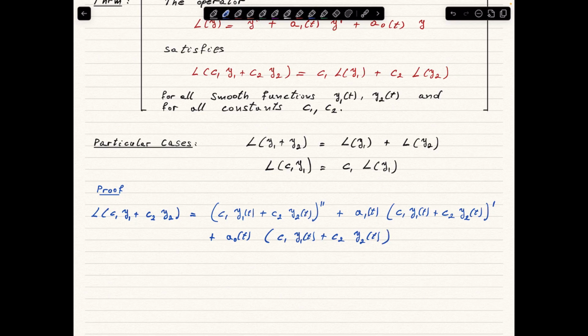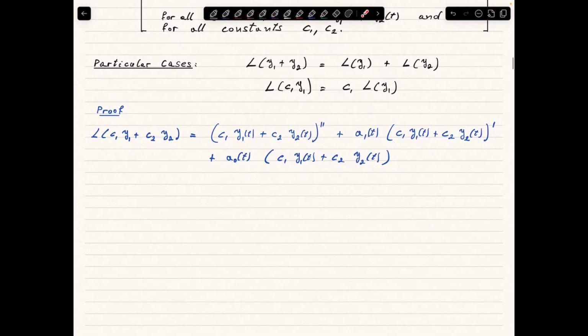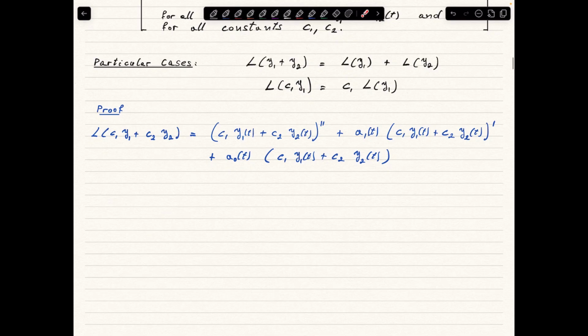Now we are not going to write all these times anymore because it's too long. But what do we need to do now? We need to compute the derivatives. Because c1 is a constant, the constant is going to be outside of the derivative. The derivative is going to act here and here, nothing more. And the second derivative is also going to act only here and only here because these are constants. So this is going to be equal to c1 times the second derivative of y1, plus c2 times the second derivative of y2.